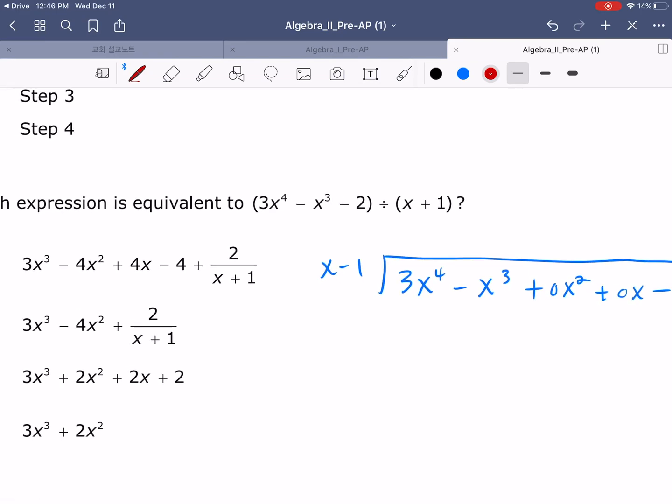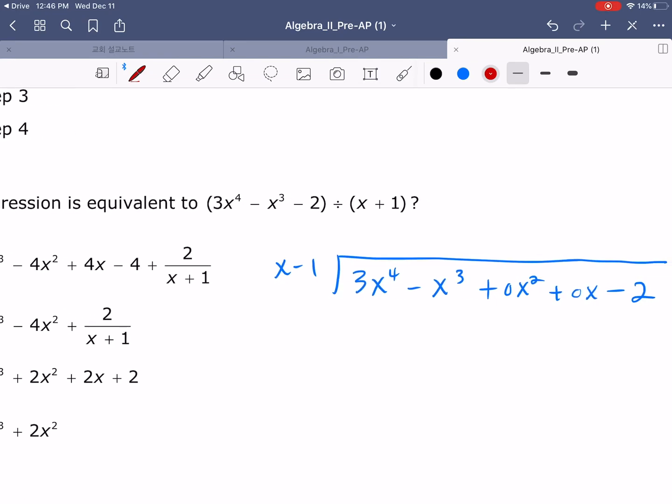First, I want to get rid of 3x to the 4th power. So I have to multiply with 3x cubed, because 3x cubed times x is going to be 3x to the 4th power. 3x cubed times negative 1 is going to be negative 3x cubed.